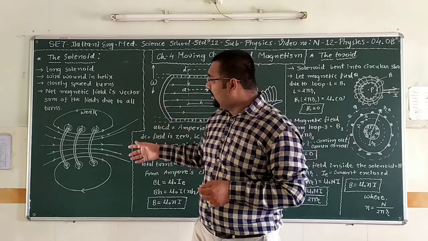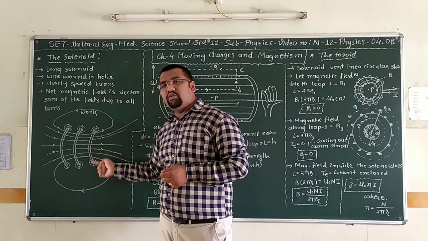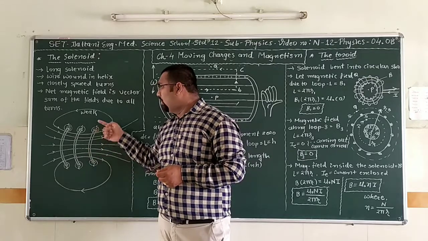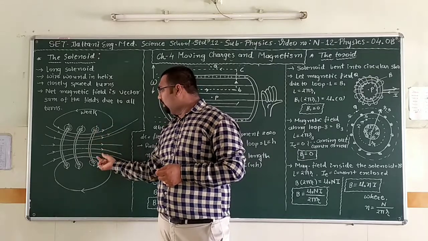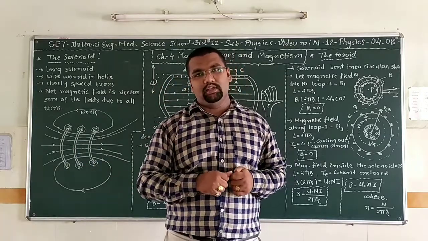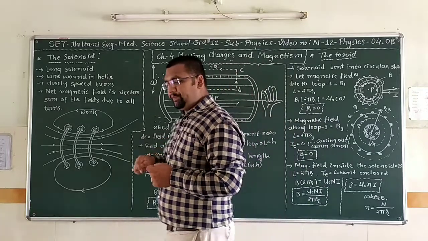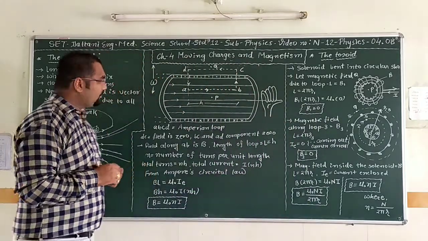So in a solenoid, we have so many turns wound in a helical shape, and each and every turn will form a magnetic field in a round shape around it.